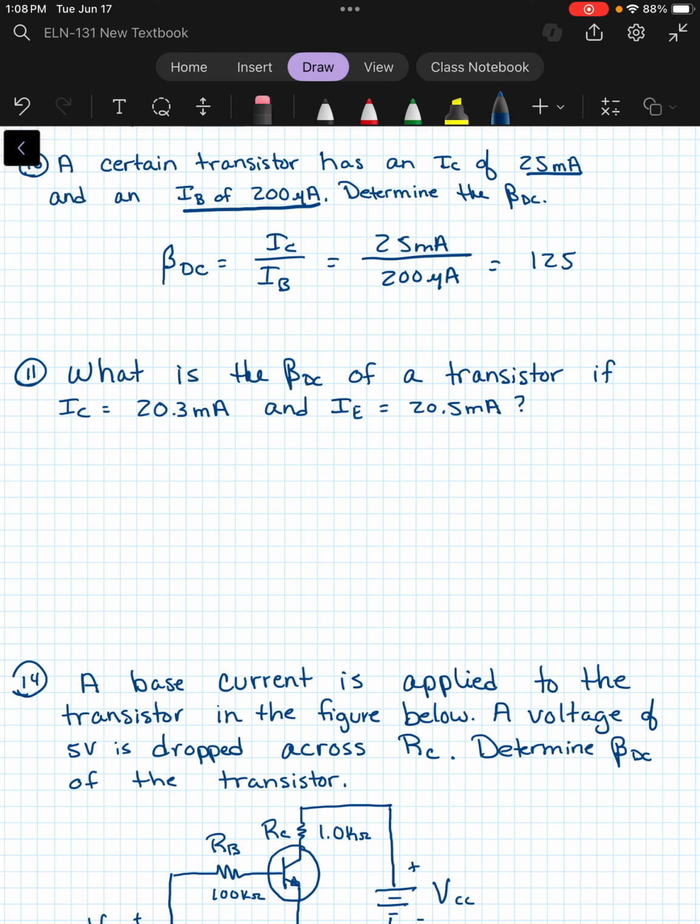Another problem where we're asked to find the beta of a transistor, but this time we're given the emitter current and the collector current. But remember, IE is equal to IC plus IB. So if we're looking for IB, we would subtract IC from IE.